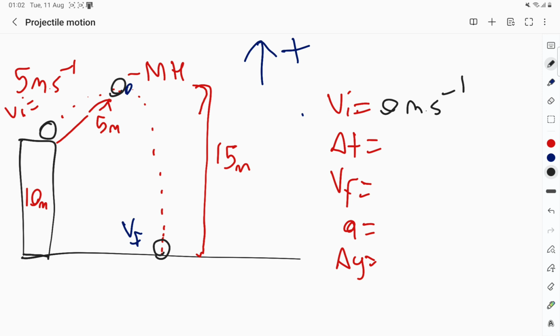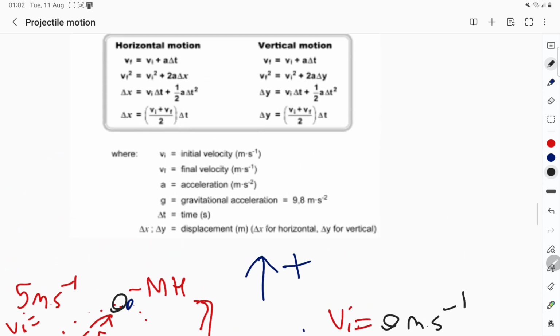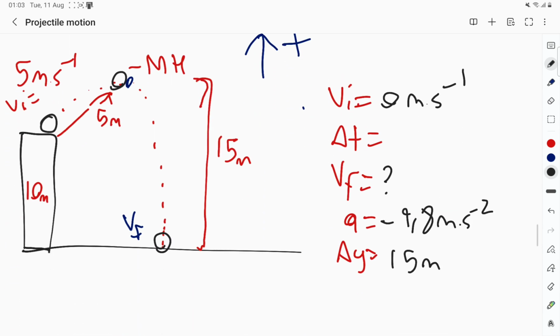We're not given time, but we're looking for V final. And acceleration, remember we chose up as positive, so this is going to be negative 9.8 meters per second squared. Then delta y, that's 15 meters. So now we need to choose an equation that does not have time, so we'll choose the second equation.